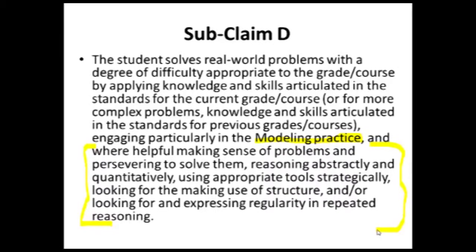Now, some of you may be saying, well, they can't do subclaim D without A, B, and C. You do not have to be perfect at A, B, and C to be successful in D. And in some of the sample items that I've looked at from PARCC, you'll look in the rubrics and see that if you can take a flawed computation, for instance, but use that computation correctly in the course of solving the problem, then you will still be credited, I guess you would say, for some of the subclaim D accountability.